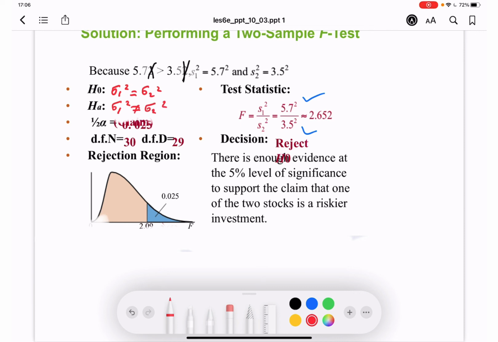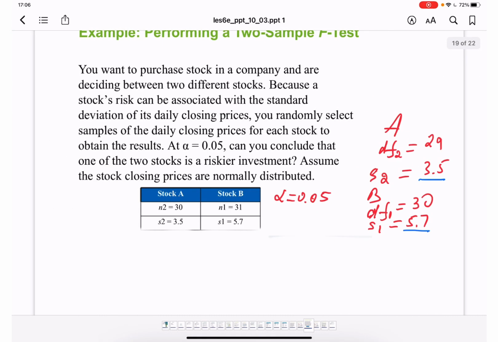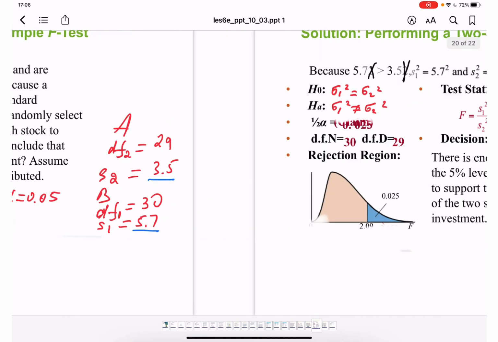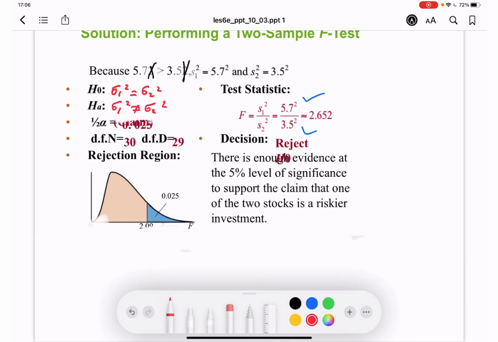So how much was our alpha? 0.05, which means here it's going to be 0.025.